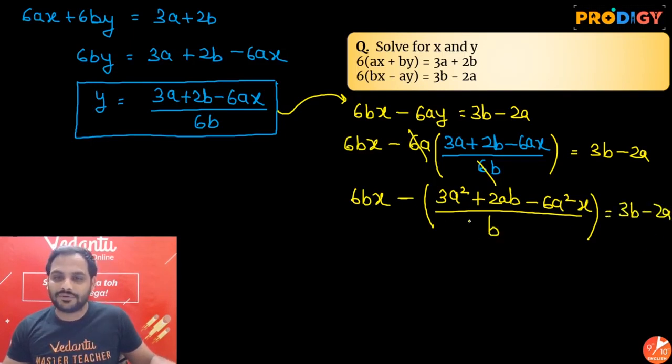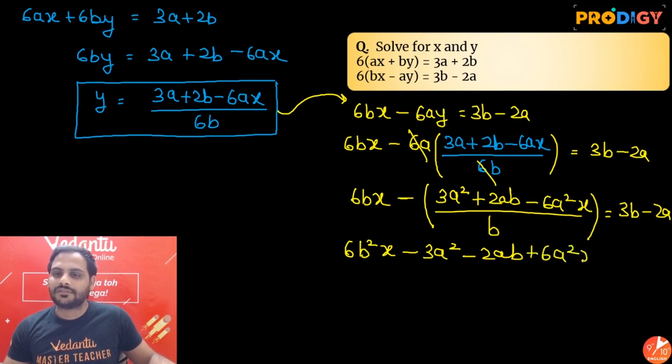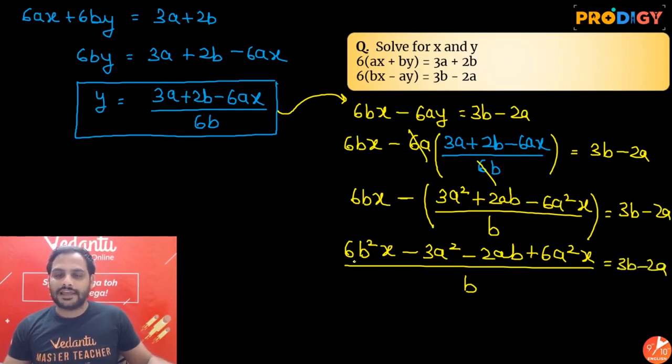Now take the LCM over here. b into b is 6b square x. Then minus, opening the bracket, it becomes minus 3a square minus 2ab plus 6a square x, whole divided by b, is equal to 3b minus 2a. I can see 6b square x and 6a square x, so if I take 6x common, I am left with a square plus b square.